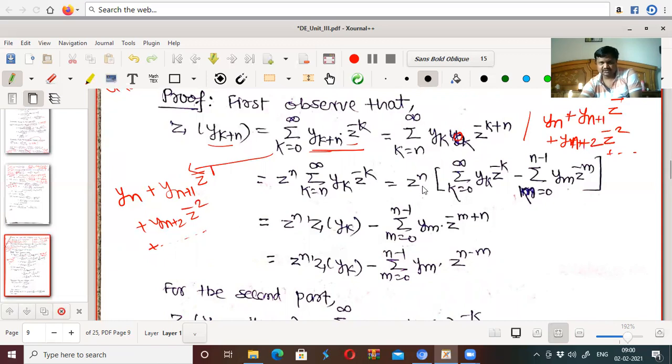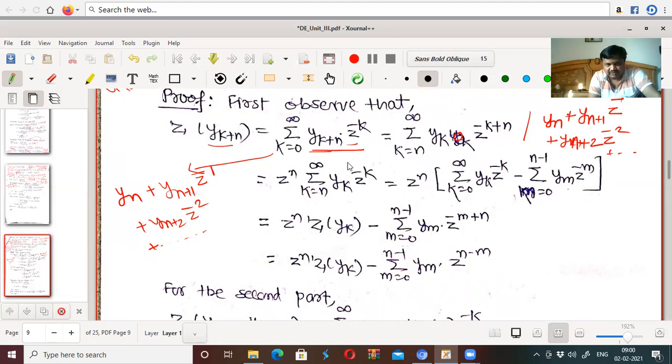You have taken z to the power n outside because the summation varies over k; therefore, the terms independent of k can be taken outside. Now, this summation from k equal to n to infinity, I will make it summation from k equal to 0 to infinity, and from that we will subtract the summation from 0 to n minus 1.